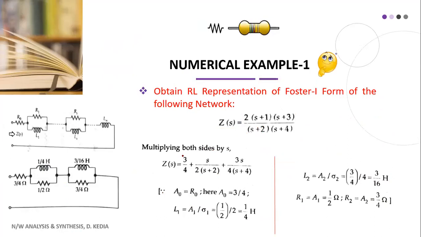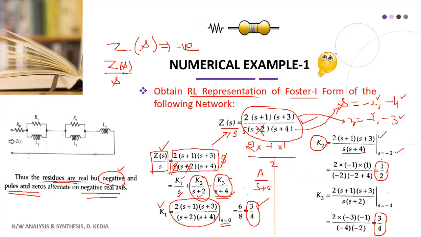So now what we do, we multiply both sides by s. Okay, so this is what we get. We have substituted the values of k1, k2, k3 in this expression.